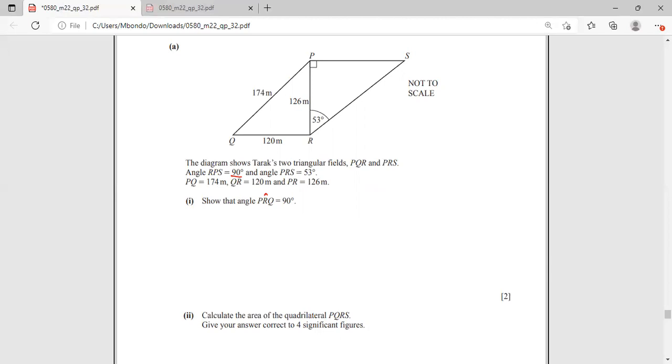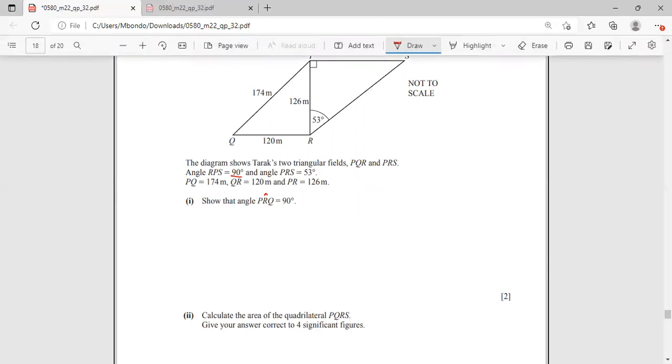Okay, so I'm going to say, you know that when we are given the three sides of a triangle, we can use cosine rule to find one of the interior angles. So this is what we're going to do. So we are going to say cos R is equal to, we use these two sides now. The other two sides, I'm sure you know the cosine rule.